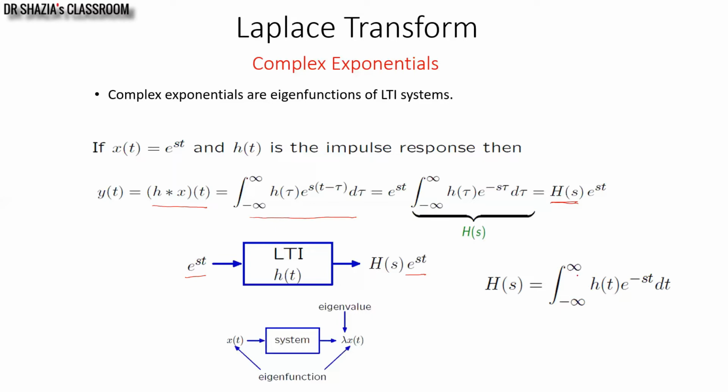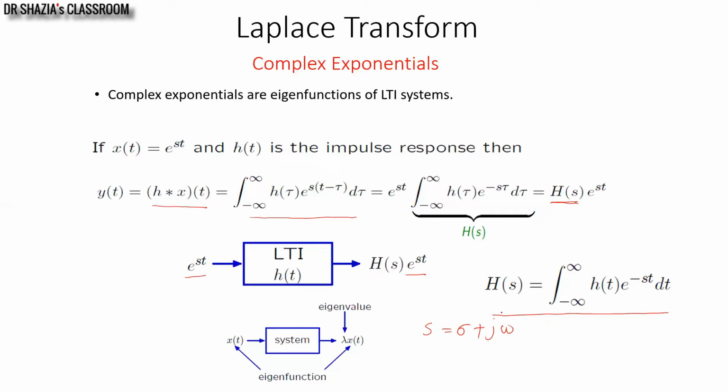So for any signal or impulse response of any LTI system, we can calculate the Laplace transform using this basic equation. Here s is a complex value, s is sigma plus j omega, where sigma is the real part and omega is the imaginary part.